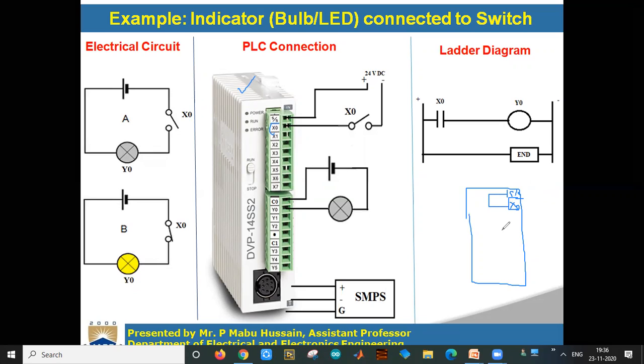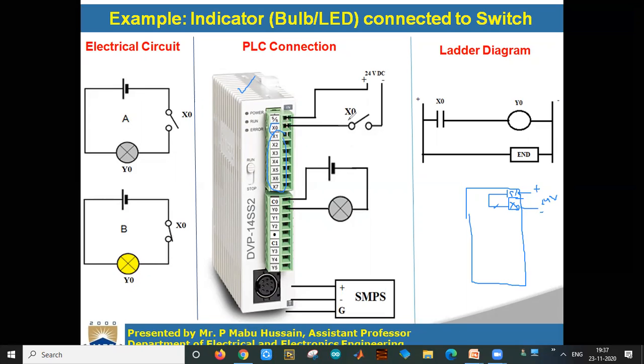So whenever you give 24 volt supply to your X0, the X0 contactor inside will be energized. Like that, other inputs are also the same. Whenever you give the 24 volts DC supply to your input, that particular terminal will be energized.